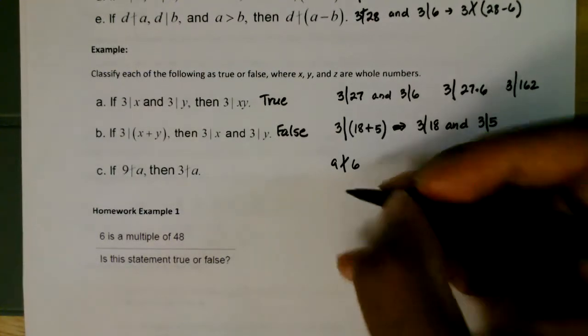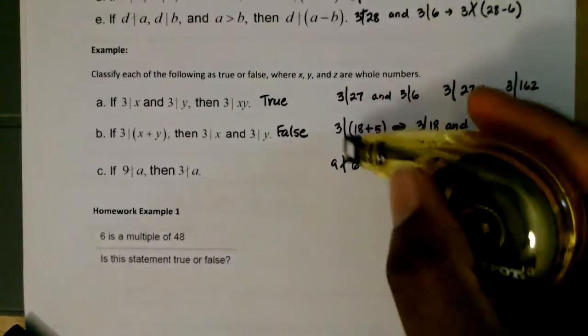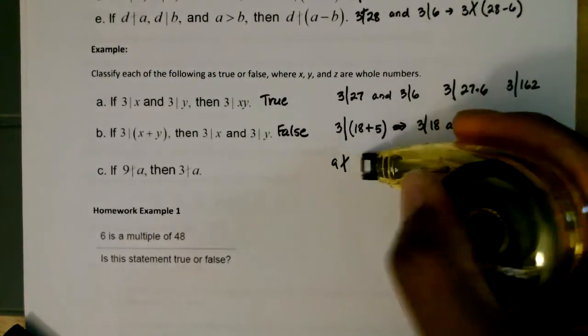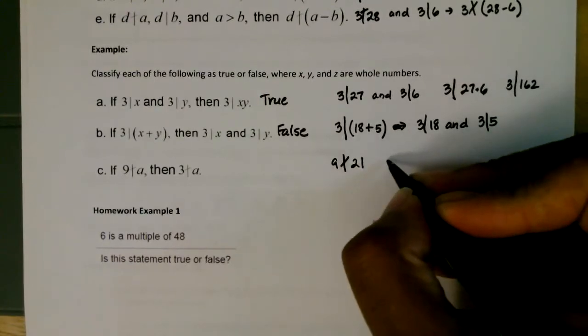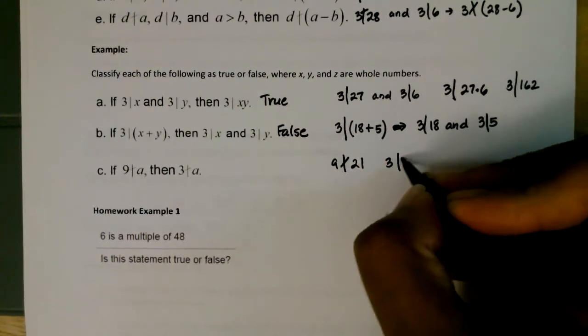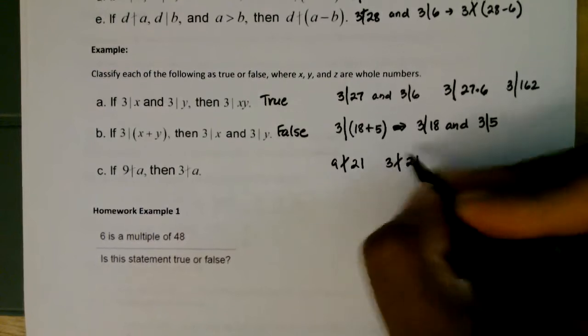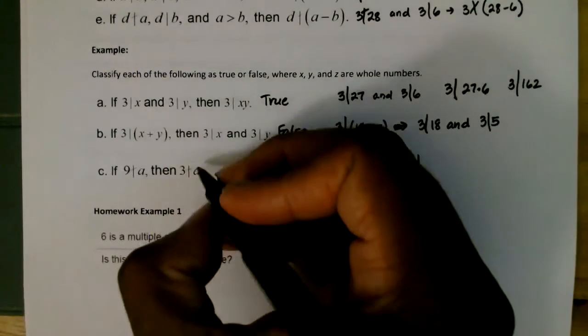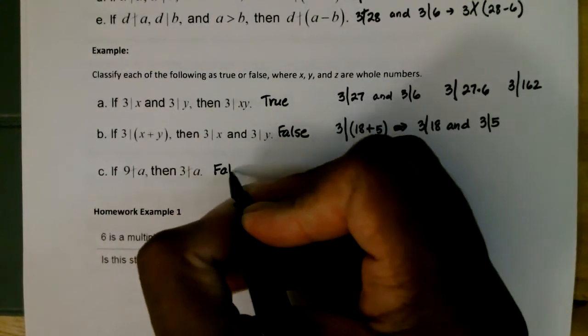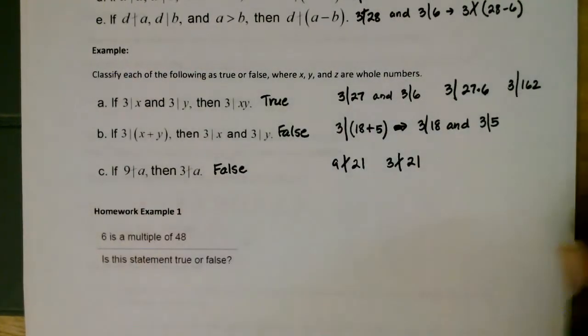And we know that, or better yet, I'm going to try this number. Let's try 21. We know 9 does not divide 21. 3 does not divide 21. That's false because 3 does divide 21. So in this case, this one would be false.